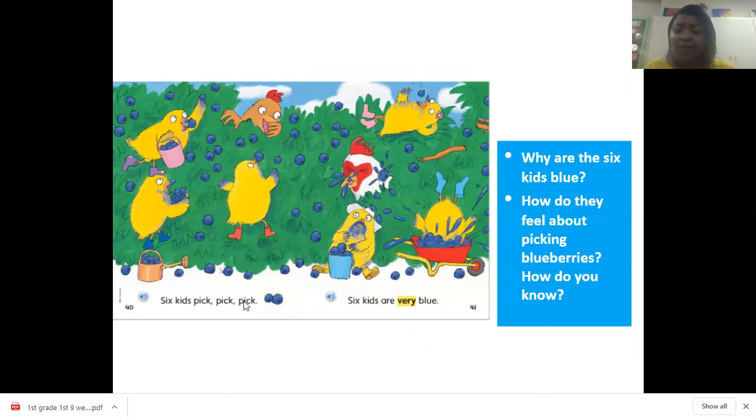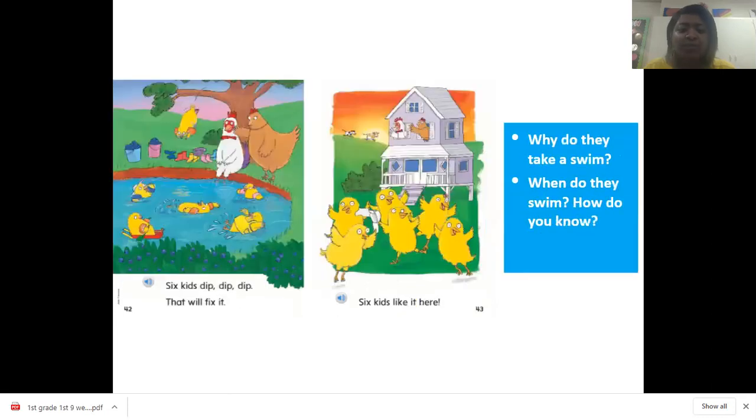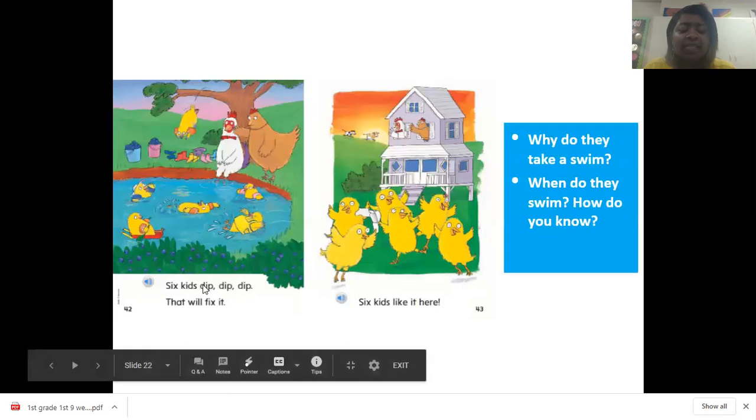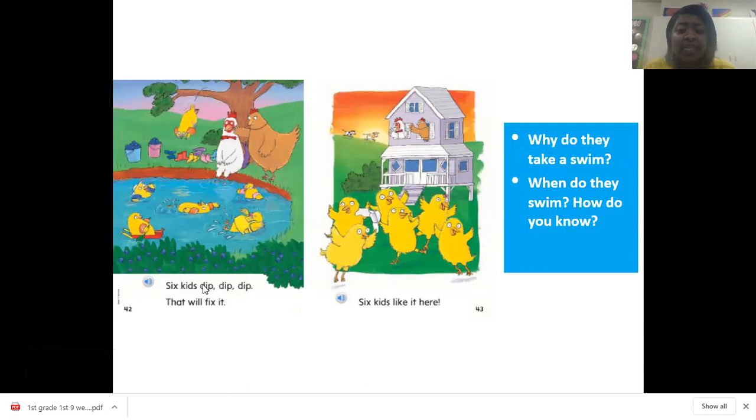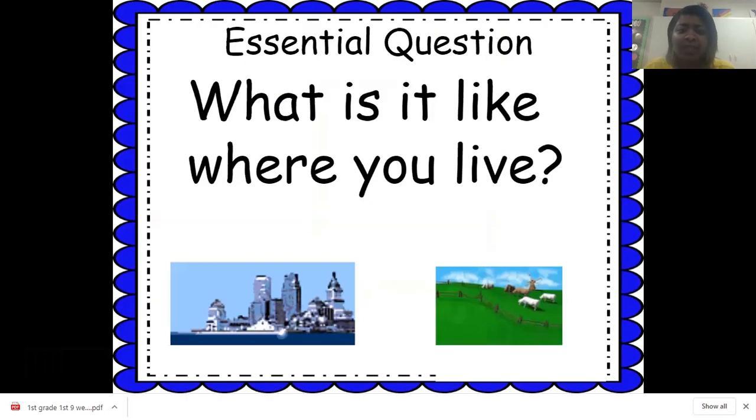How do you think they feel about picking those blueberries? 6 kids are very blue. 6 kids dip, dip, dip. That will fix it. 6 kids like it there, like it here. When do they swim and how do you know? All right, our essential question is, what is it like where you live?